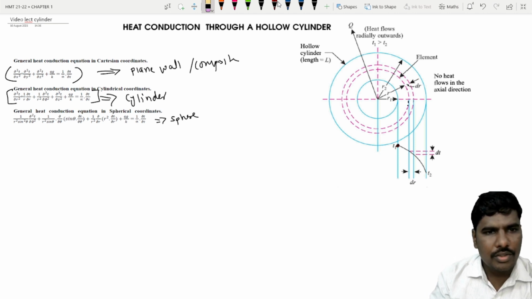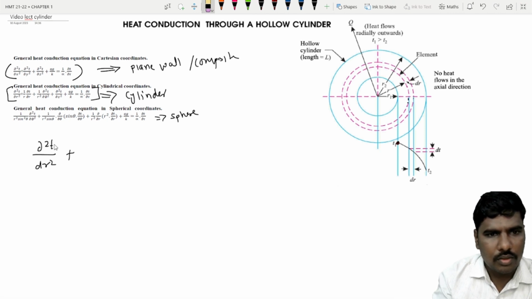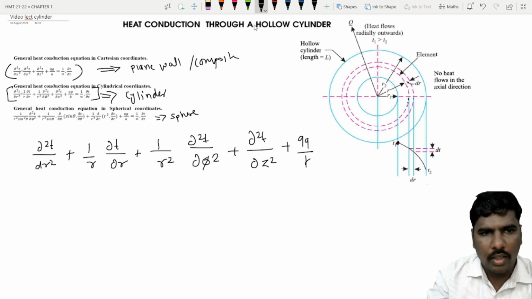Now we know the general heat conduction equation in cylindrical coordinates, so I will write it once again here: ∂²T/∂R² + (1/R) ∂T/∂R + (1/R²) ∂²T/∂φ² + ∂²T/∂Z² + Qg/K = (1/α) ∂T/∂τ.